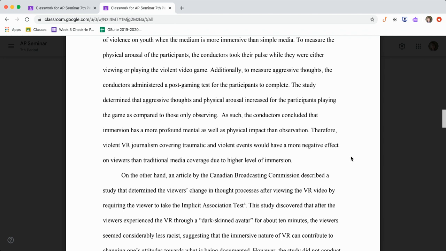Therefore, violent VR journalism covering traumatic and violent events would have a more negative effect on viewers. So the therefore is his conclusion, but you can see how he's woven this in, and it's in a pretty natural way for an academic paper to weave in the fact that the results of the study do speak directly to the topic that he is discussing.